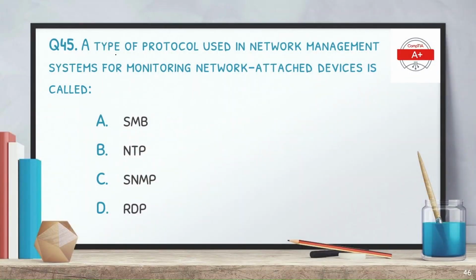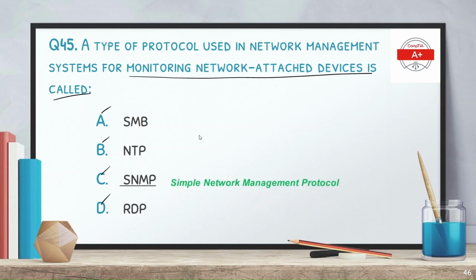Question number 45: a type of protocol used in network management systems for monitoring network attached devices is called, and the options are A, SMB, B, NTP, C, SNMP, and D, RDP. The correct option is SNMP, or Simple Network Management Protocol.